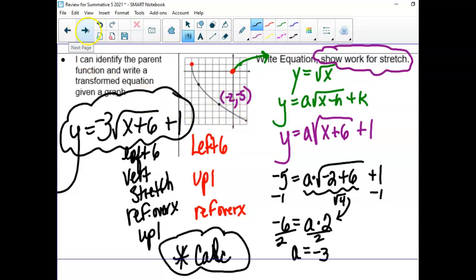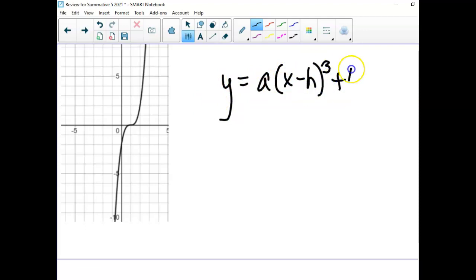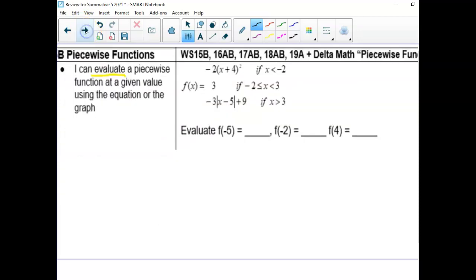All right, I think the one on the quiz might be a cubic, which would be like this. Just a hint: you would care about this point. That would give you your H and K, and then you would put in some other ordered pair to find A. We can do more examples in a minute, but let's get to the piecewise.